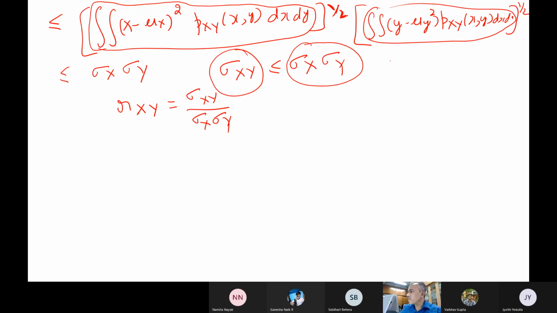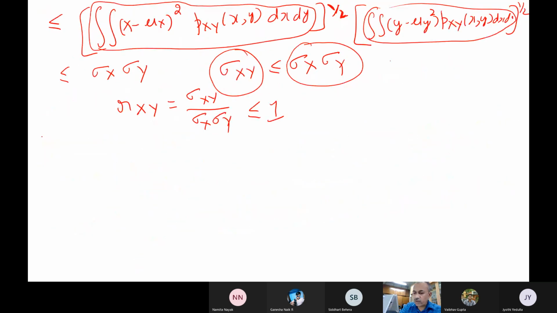It is 1. So this cannot exceed, it is less than or equal to 1. This is a very, very important property of the correlation coefficient. Now why that plus or minus 1 comes, we will also see.